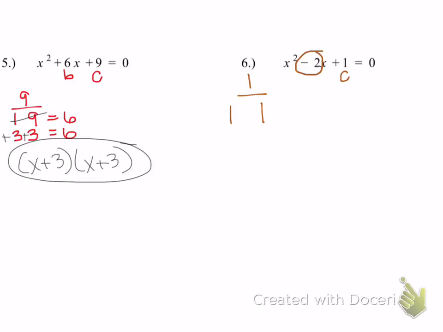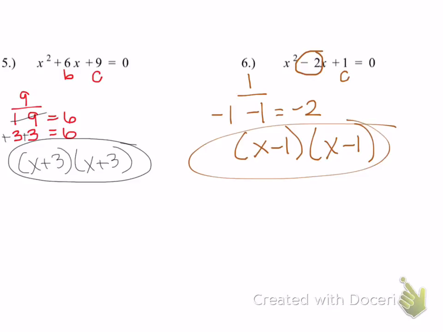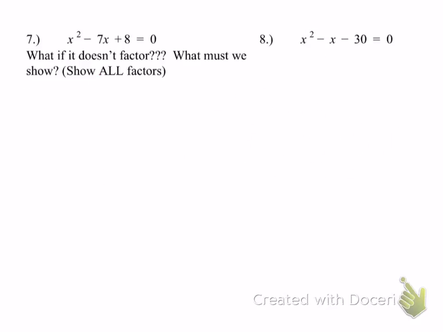Would they both be positive, or would they both be negative? And if we want a negative 2, they're both going to be negative, because negative 1 minus 1 gives me a negative 2. So my factors here are x minus 1, x minus 1. There's my beautiful answer.